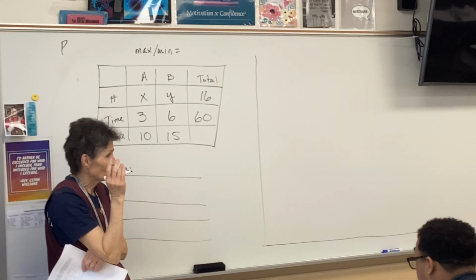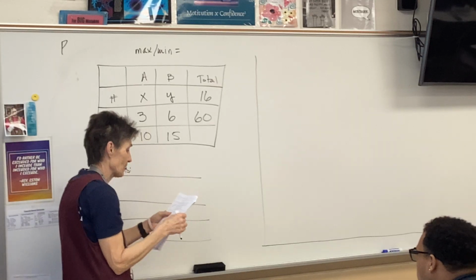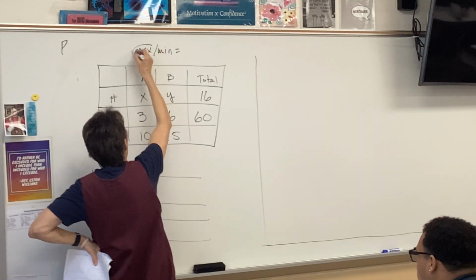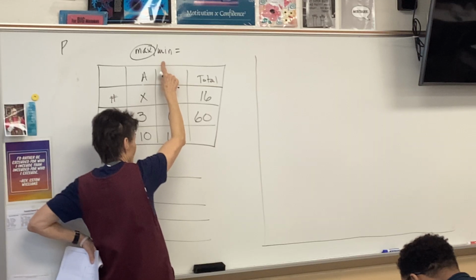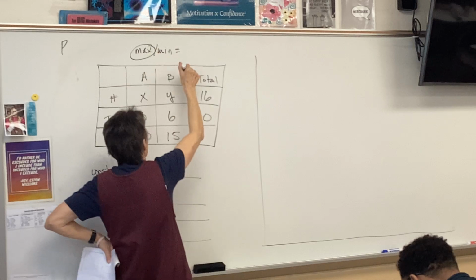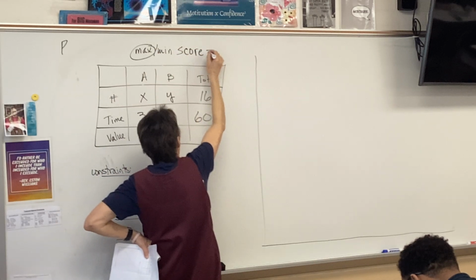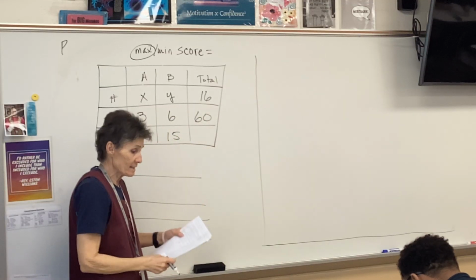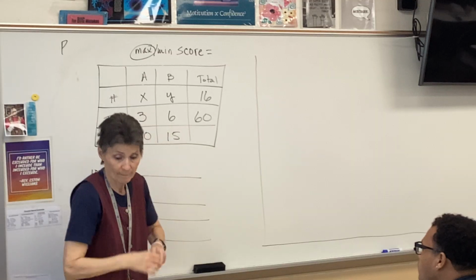So I'm going to call one of them X and one of them Y. And my job is to get the maximum. Sometimes we will be minimizing, since we're preparing for that. I am maximizing my score. How is my score calculated? When I sit down and I take this test, how would I figure out my score?